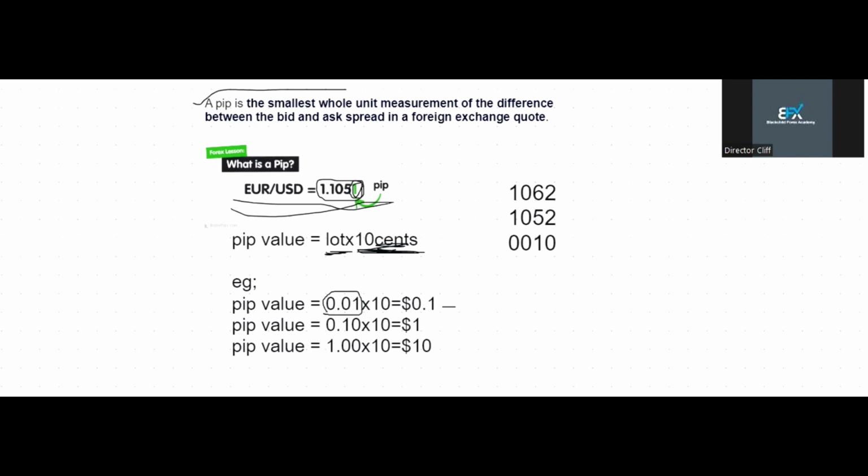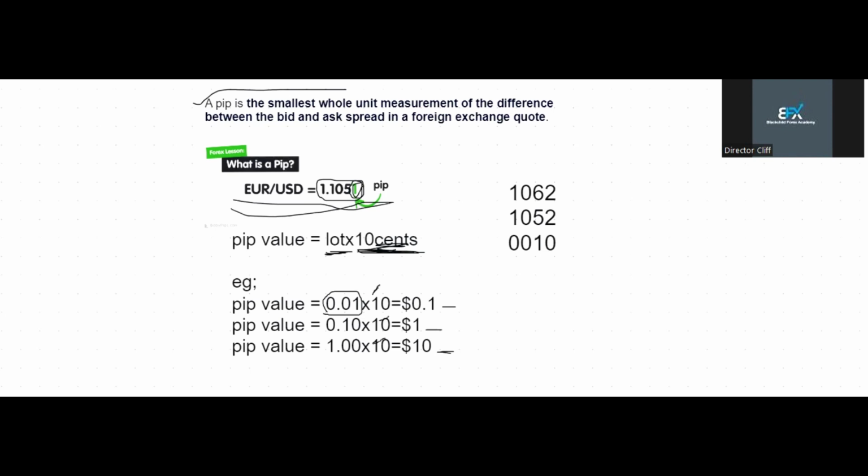If you're going to use 0.1, it means every pip that you're catching is going to be $1. If you're using standard lot, which is 1, every pip that you're catching is going to be $10. So you need to know that this is a micro lot size, this is a macro lot size, and this is a standard lot size.